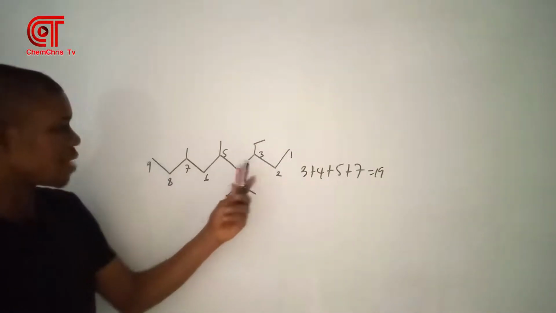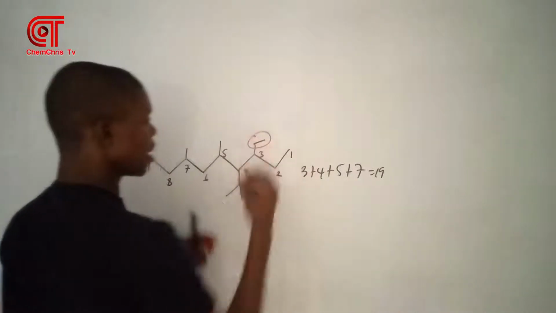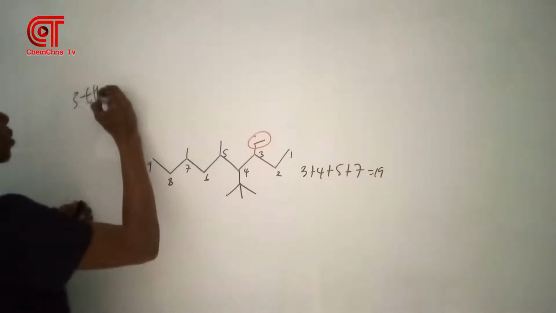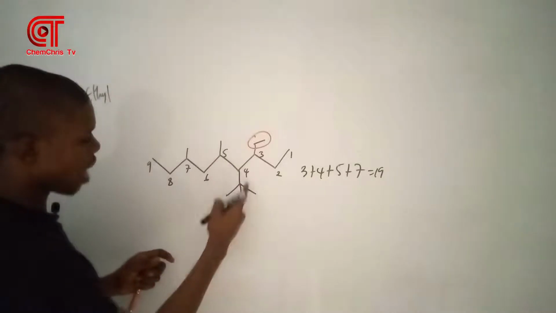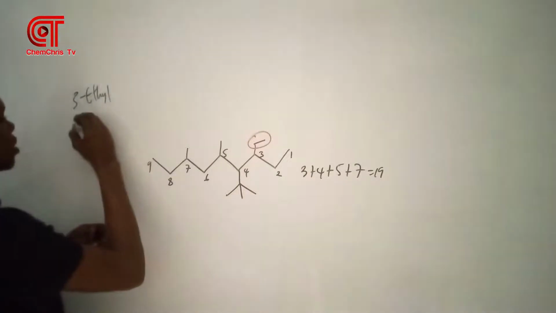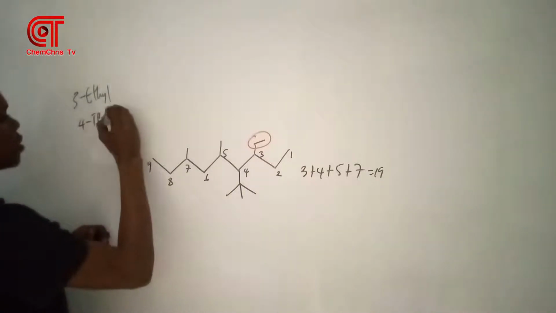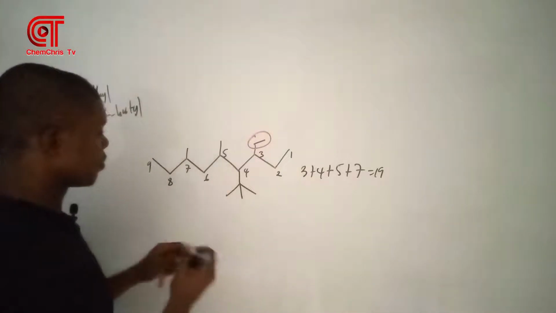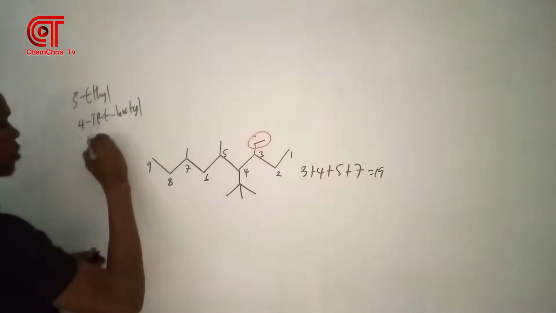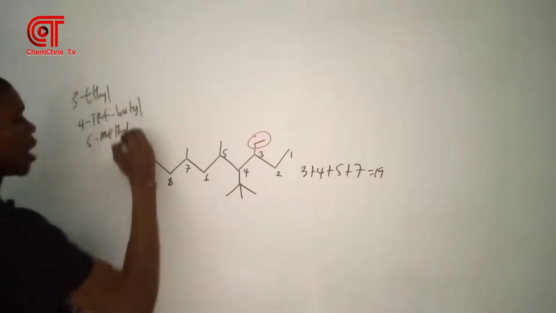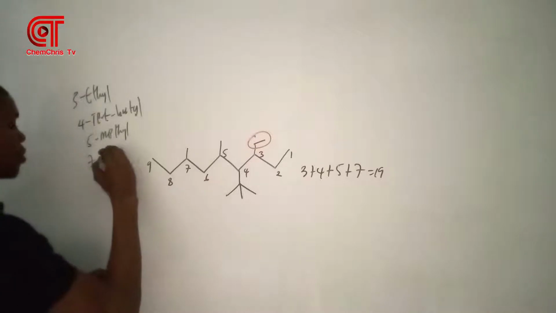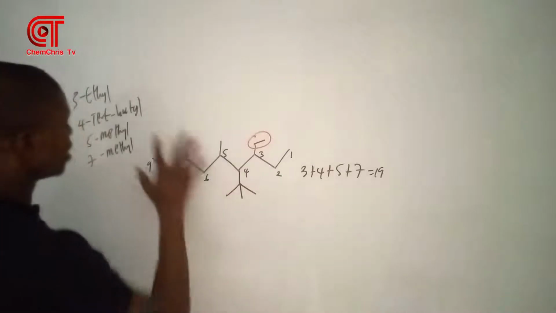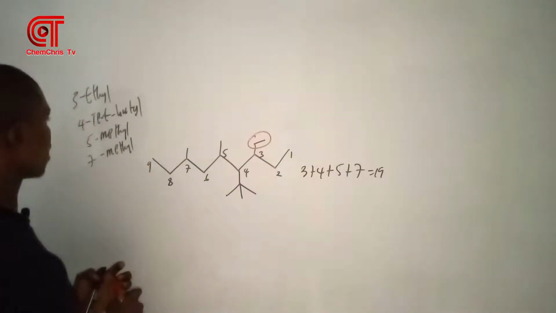So I'm going to write this out. I count my 3, here we have a substituent group, so we're going to have 3-ethyl, right? Now I count my 4, I want 4-ethyl. Then here we have 5-ethyl and 7-ethyl. So remember we must name them alphabetically, right?